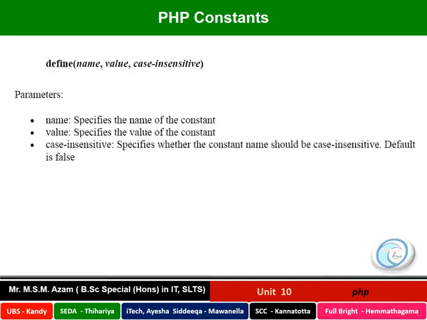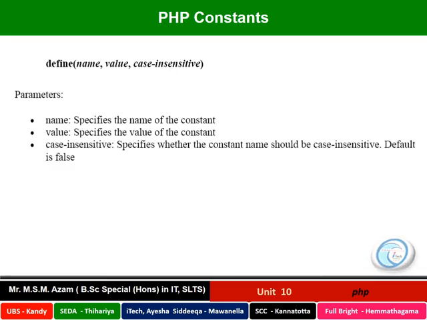Now we will see the syntax of declaring a PHP constant. As I told earlier, we have to define a PHP constant using the function called define. Inside the bracket, there are three arguments to be declared. They are name of the constant, value given to the constant, and the third argument is case insensitive.